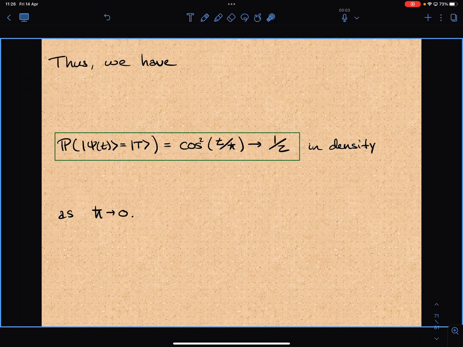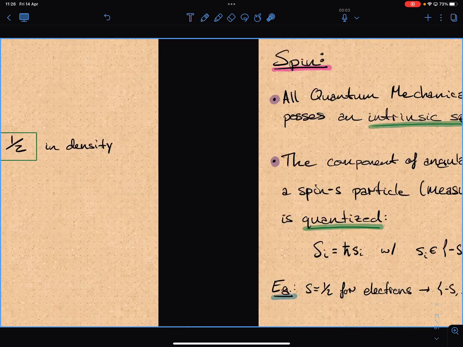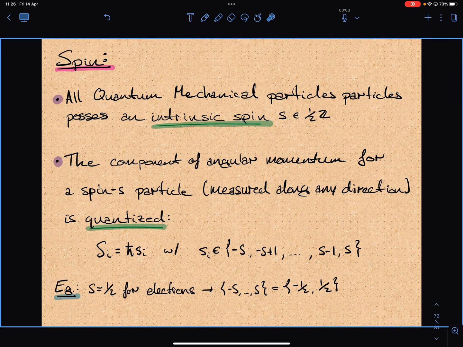So, okay, this is the punchline. Now let me move on to spins. Up to this point, I introduced a fictitious, or rather a toy model, with the quantum coin.